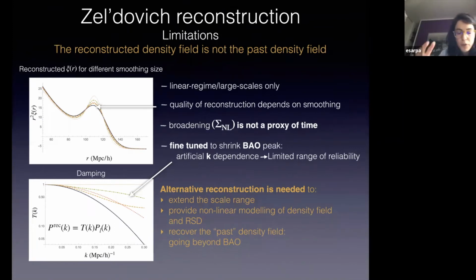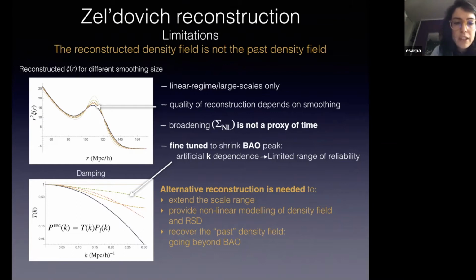If we reconstruct our two-point correlation function back in time, we should be able to shrink the peak, so lower the value of sigma nonlinear. However, I show you this in the plot on the top left.